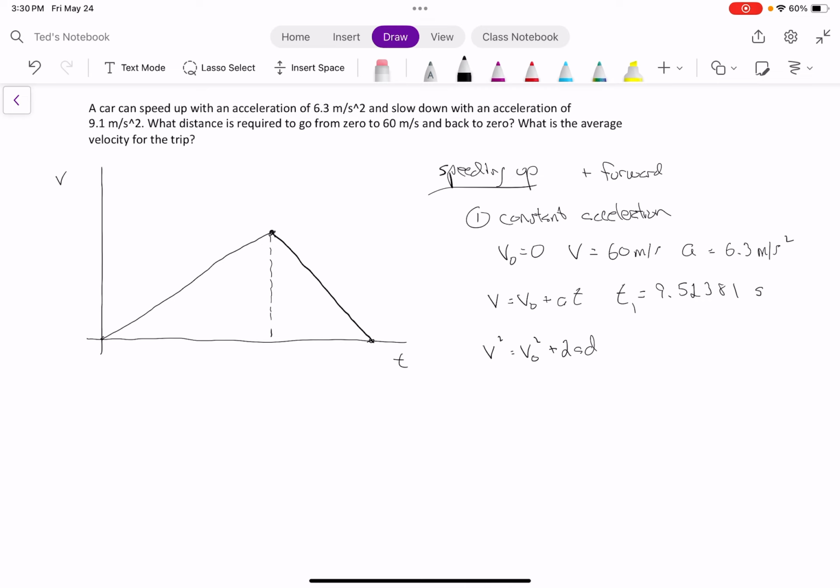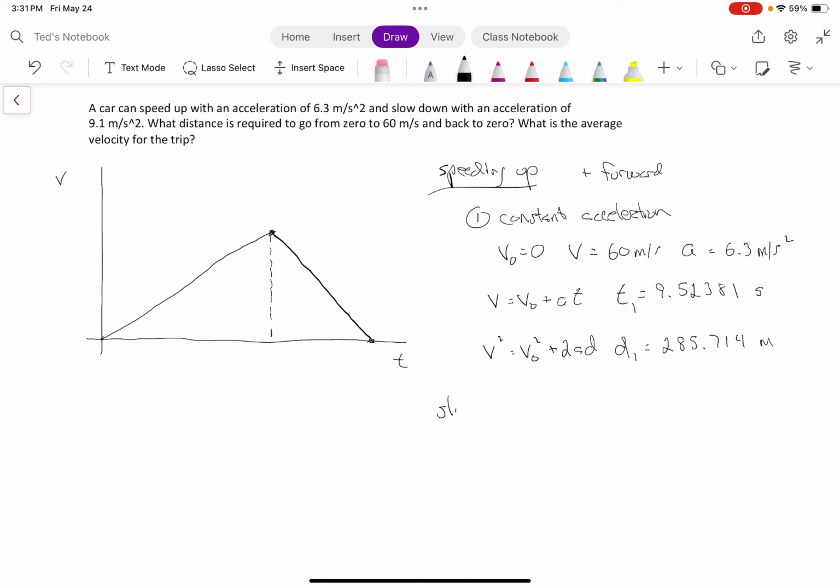That gives us 60 squared equals 2 times 6.3 times d. So we can find the distance by doing 60 squared divided by 2 times 6.3, and that gives us 285.714 meters. So that was the time and distance required to speed up.